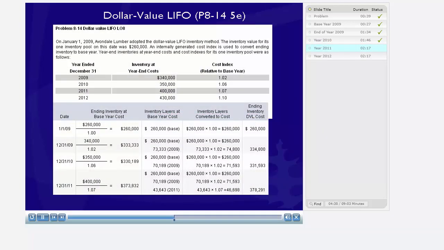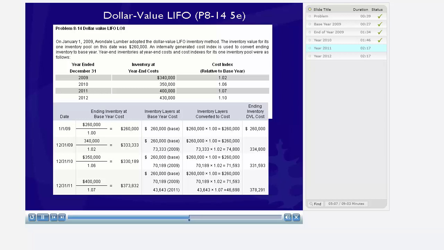Okay, now we look at the end of the year 2011, and we see that we ended the year at $400,000 in inventory. We divide it by the new cost index, and we come up with an ending inventory at a base year cost of $373,832. Since that amount increases the inventory over the prior year base cost, which was $330,189, we know we have a new inventory layer to add at the base year costs.